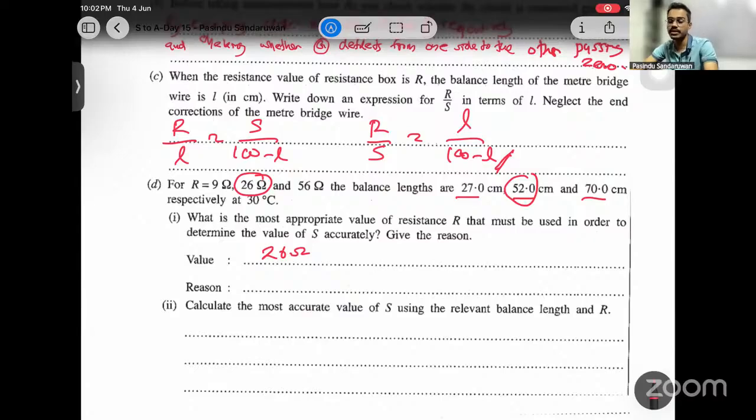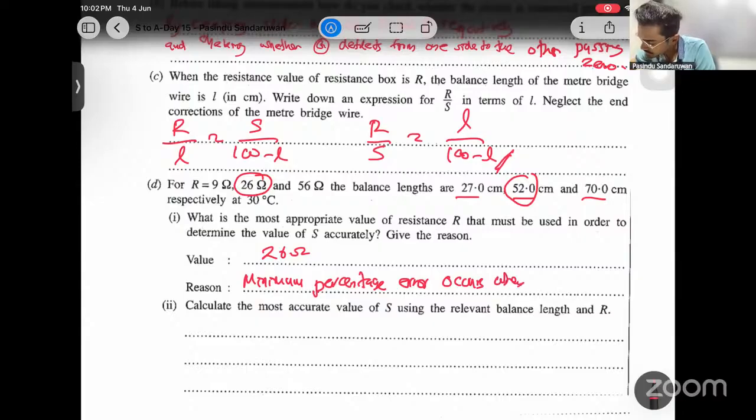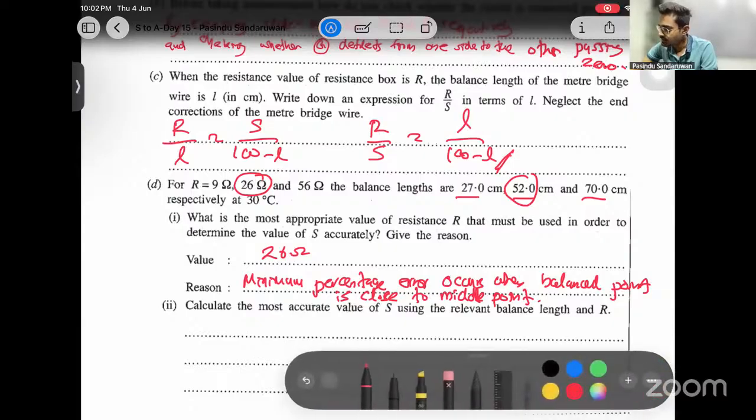You have to explain it using percentage error. Minimum percentage error occurs when the balanced point is close to the middle point.